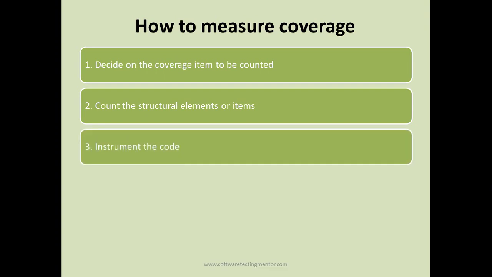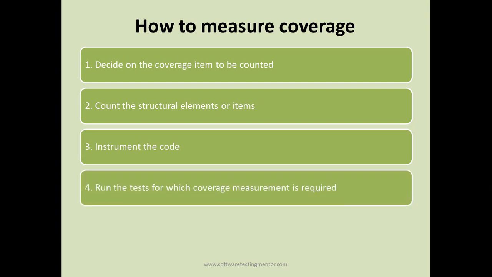Then you need to instrument the code. In white box testing, code coverage measurement is mostly done by tools. Tools are intrusive in nature, and you can instrument the code in order to find the coverage of elements or items. Then you run the tests for which the coverage measurement is required against the instrumented code.